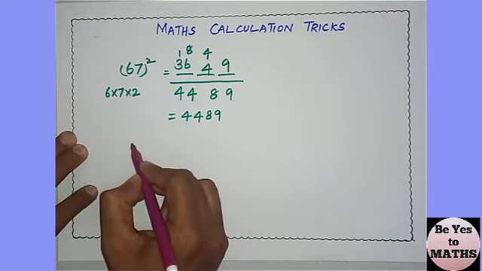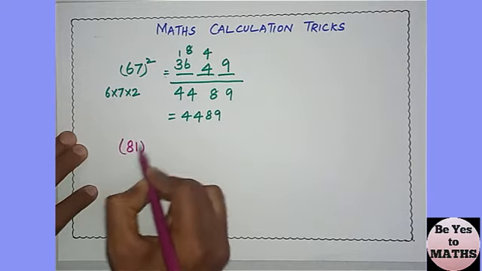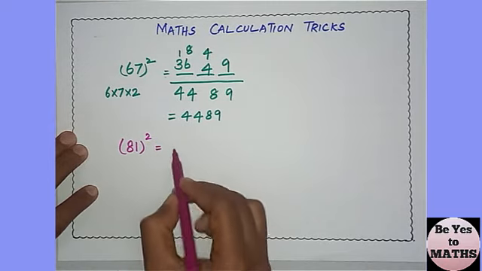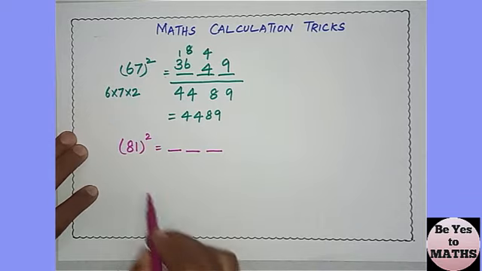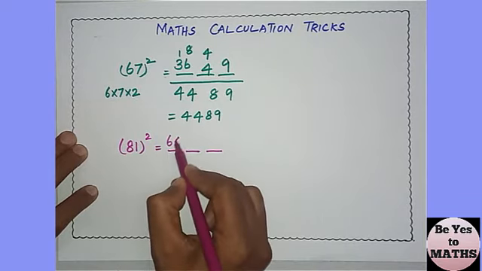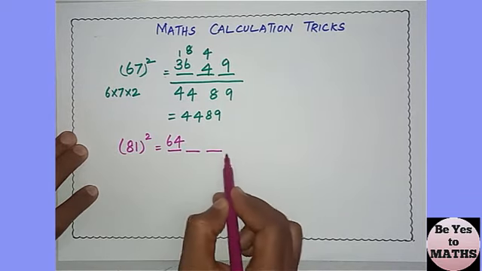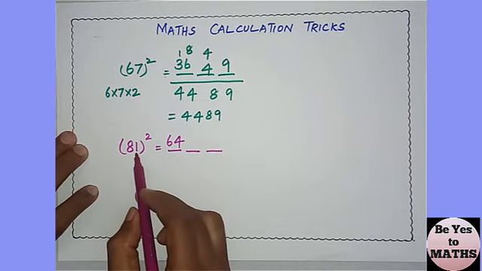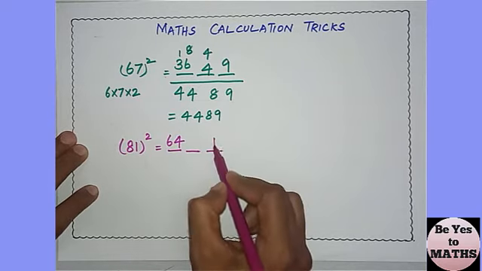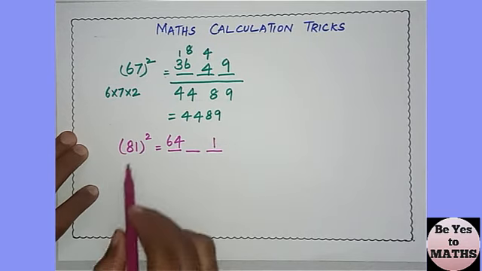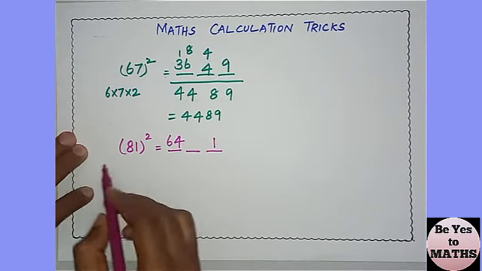81 square. Square of 81. Mark 3 blanks. For the first blank, square of the first digit. So 8 square is 64. Leave the second blank, go to the third blank. For the third blank, square of the unit digit. So 1 square is 1. Now for the middle blank, you have to multiply all these 3 digits.